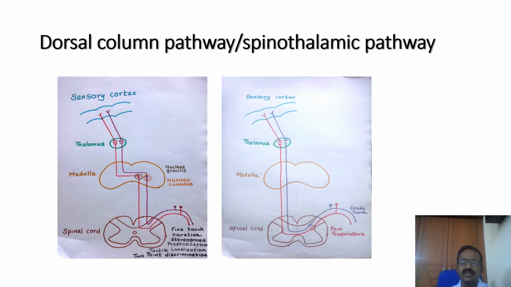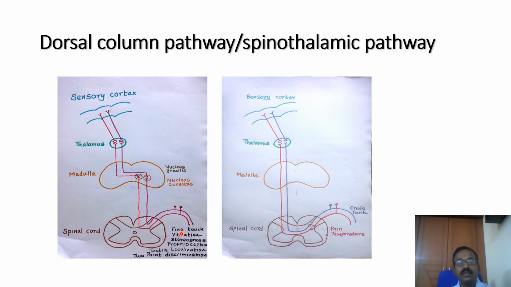Before discussing the clinical features of Brown-Séquard syndrome, we should know what sensations are carried by the dorsal column pathway and the spinothalamic pathway. This is the dorsal column pathway.